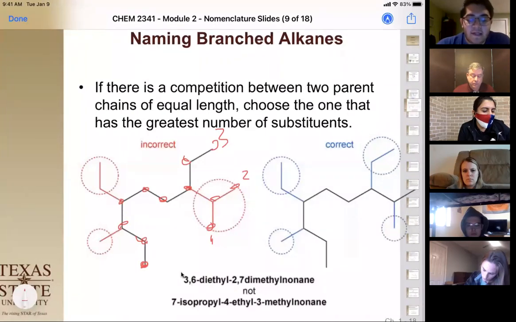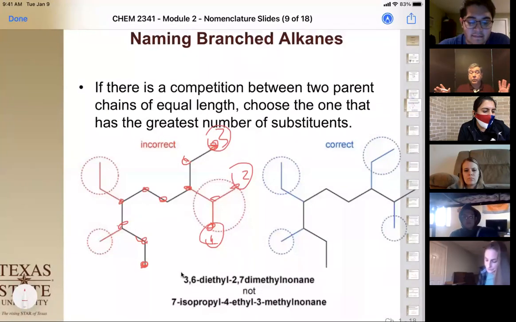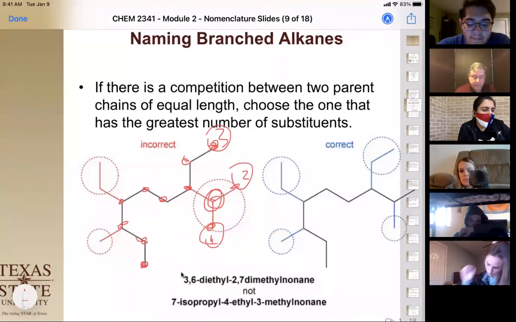So 1, 2, 3, 4, 5, 6, 7, 8, 9. Sorry, I don't know where I got 10. They would all give us 9 carbons. So we have 3 choices. But there's a rule about that. Because this is a branch right here, that would only give us a total of 3 substituents.